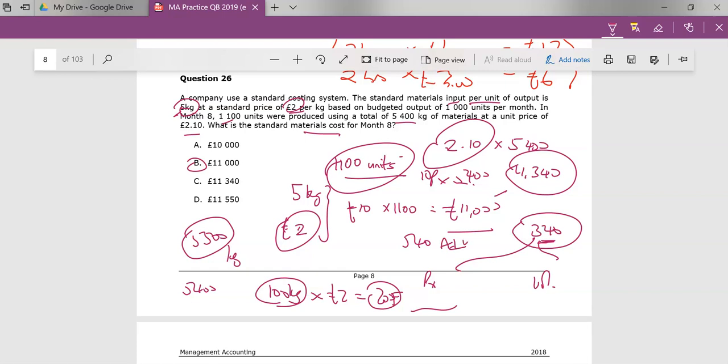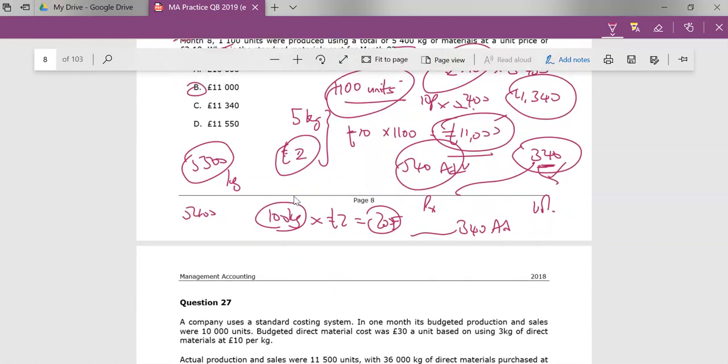When you combine 540 adverse and 200 favorable, you have 340 adverse, and that's what we see here. That was just teaching; I'm using a teaching tool again to explain what's going on. Their answer here was just the initial starting point, which we did over here, finding the 11,000. Okay, great. So that's question 26.